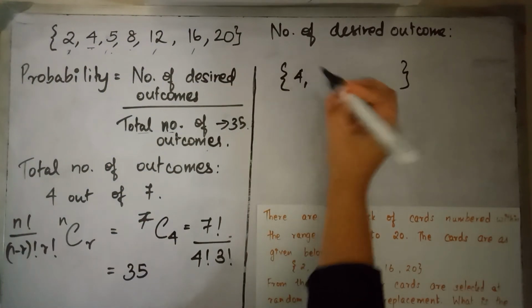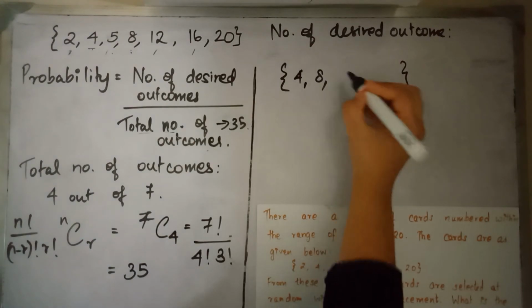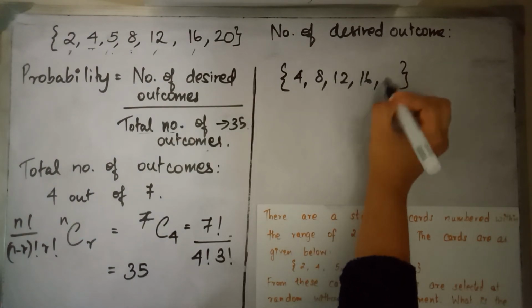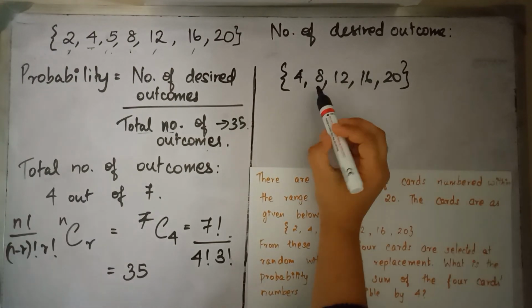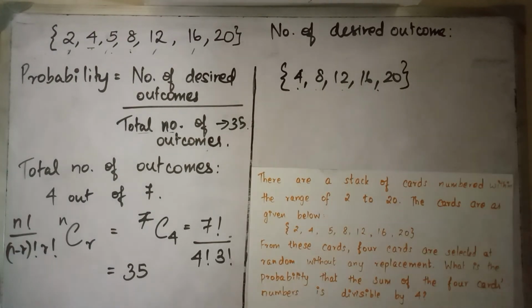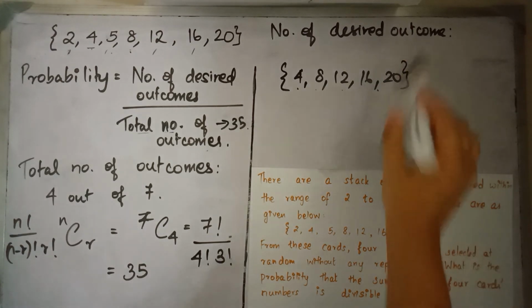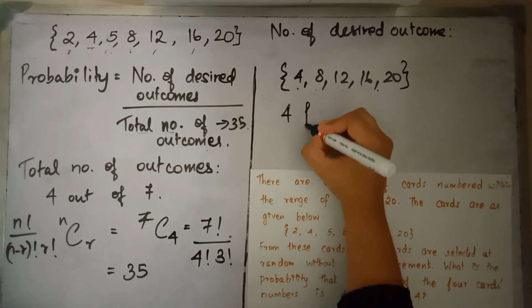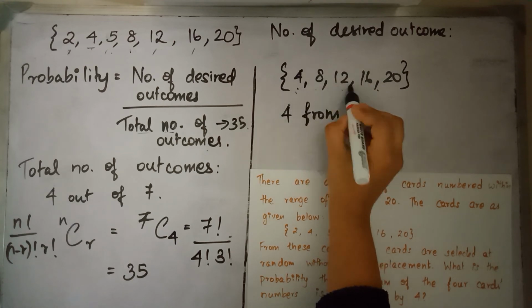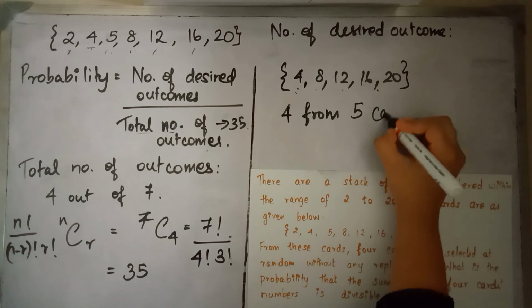We have 4, 8, 12, 16, 20. Now we'll have to choose 4 cards from this set of cards to have a favorable outcome, or a desired outcome. So we have to choose 4 from 5 cards.